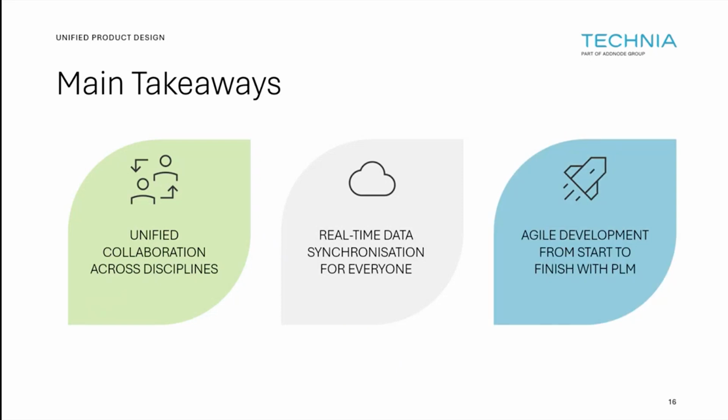With PLM-driven workflows, you can achieve faster time to market and higher product quality. The continuous optimization of designs allows teams to respond quickly to changes and stay ahead of the competition. So all in all, by adopting this unified approach, you will streamline your design process, improve collaboration, and boost overall efficiency.